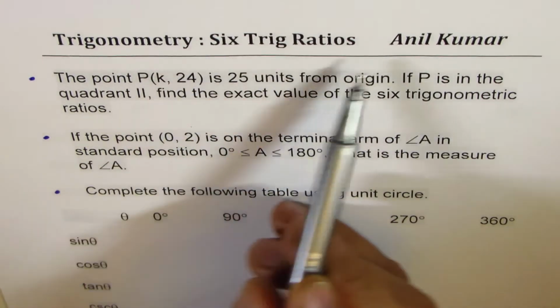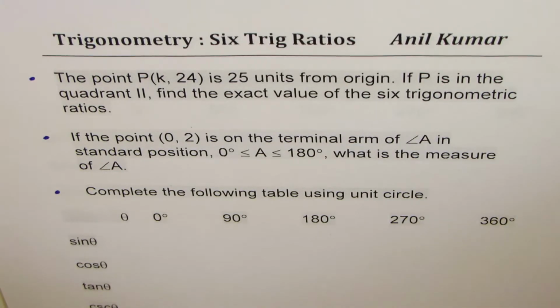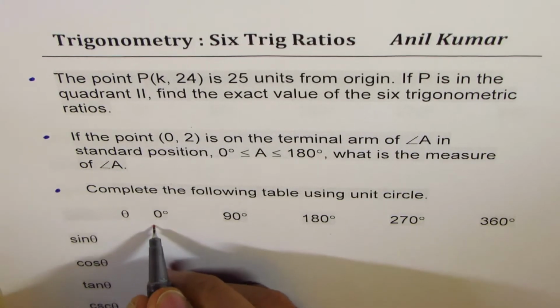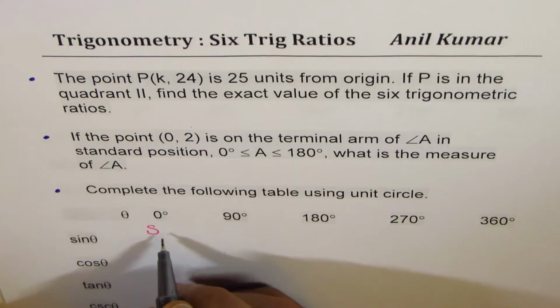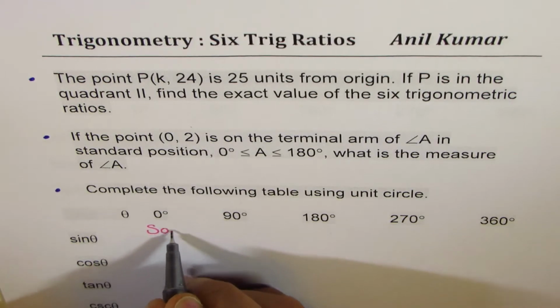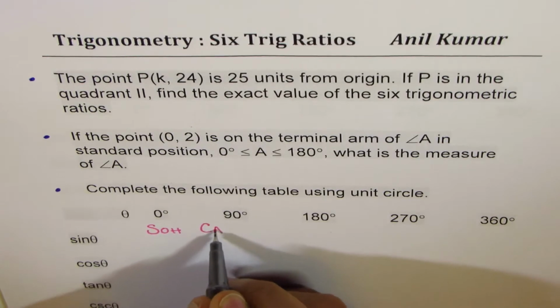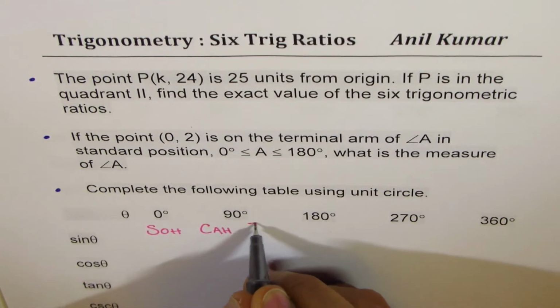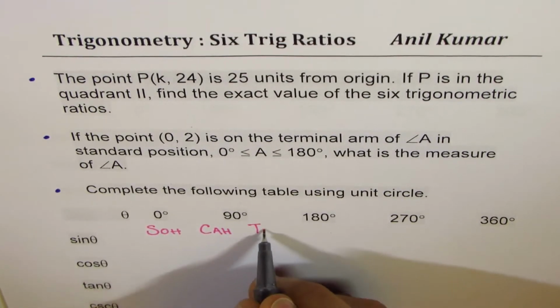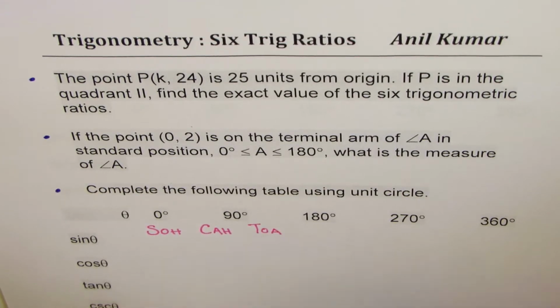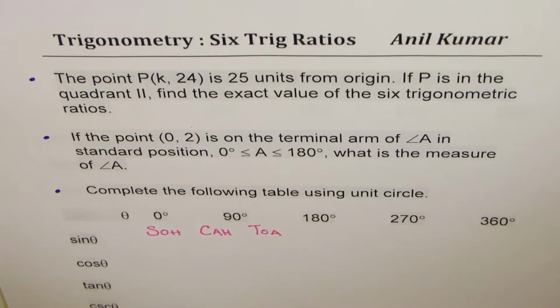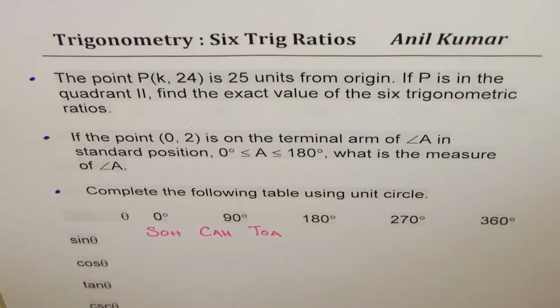Now let me tell you what 6 trigonometric ratios I'm talking about. So most of you are familiar with sine, which is opposite over hypotenuse, cosine, which is adjacent over hypotenuse, and tan, which is opposite over adjacent. Now we could also get reciprocal of these.